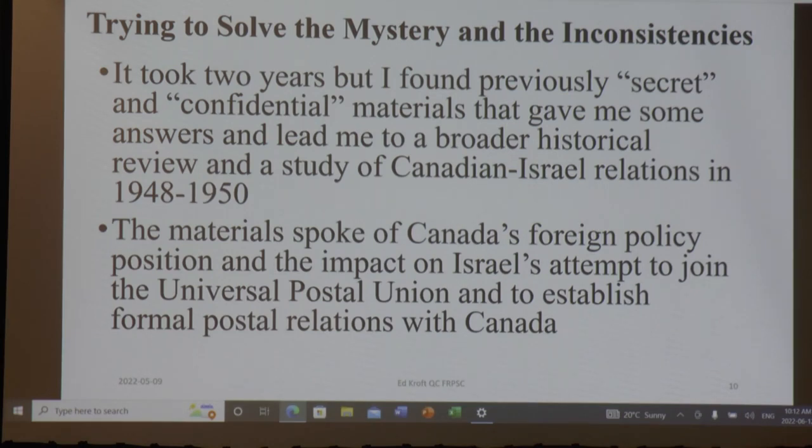And this fascinating file of 148 pages that was marked secret and confidential from the Department of External Affairs spoke of Canada's foreign policy position and how Canada impacted the attempts by Israel to normalize its postal relations and to establish a membership in the Universal Postal Union, which some of you may or may not know is the organization which, amongst other things, facilitates the transfer of mail between various countries in a very easy fashion, so that fees aren't necessarily charged between countries when mail is sent back and forth between them.